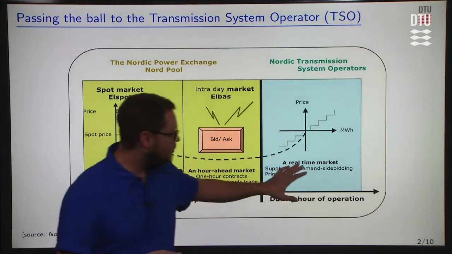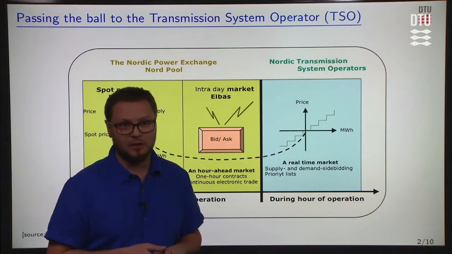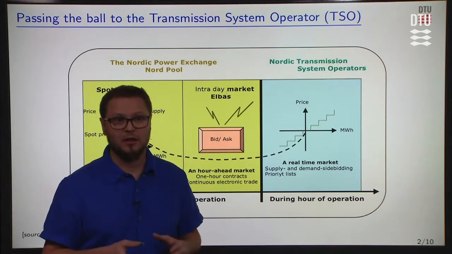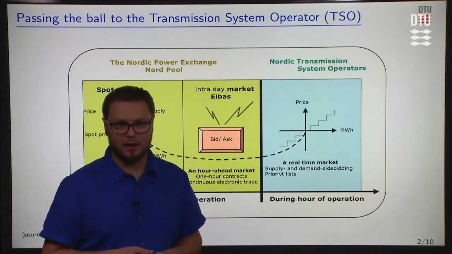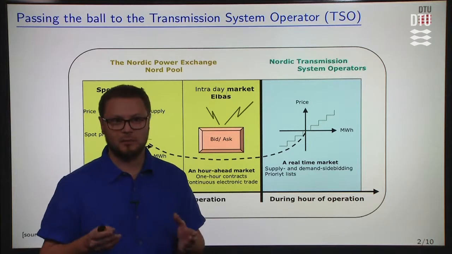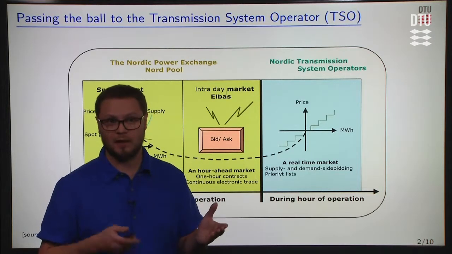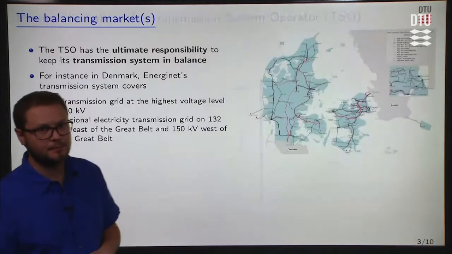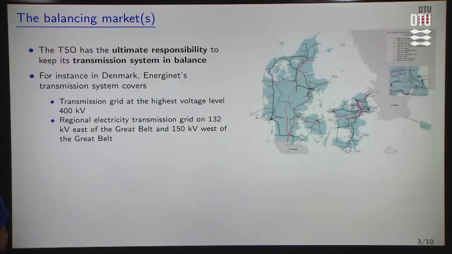Now we are passing the ball to the system operator, which during the hour of operation is operating this balancing market, which is going to be used to keep the system in balance between supply and demand. This is since the system operator has the ultimate responsibility to keep the transmission system in balance.